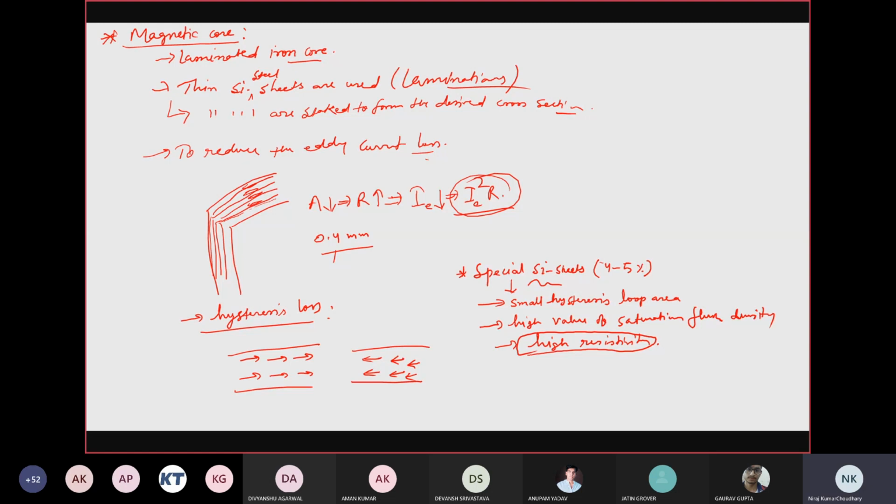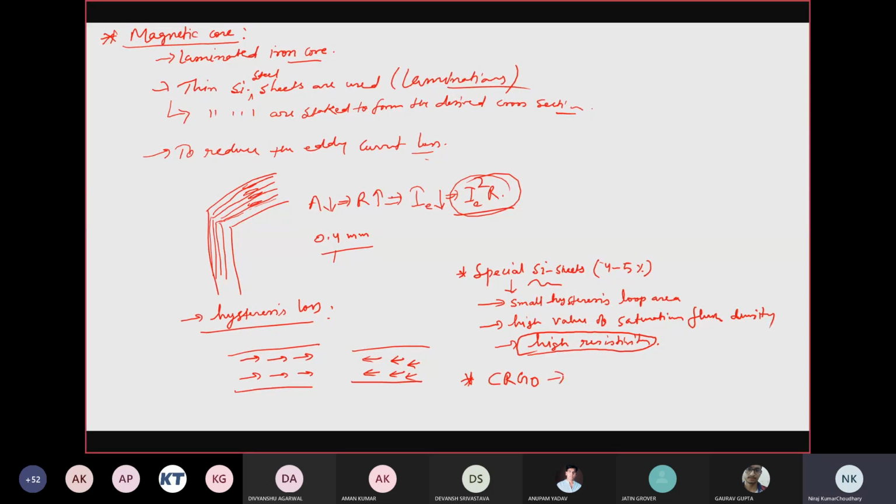Thus, the hysteresis loss and eddy current loss both will be minimized by using the thin laminated sheets of the iron core or transformer core, right? So nowadays, mainly CRGO steel sheets are used.